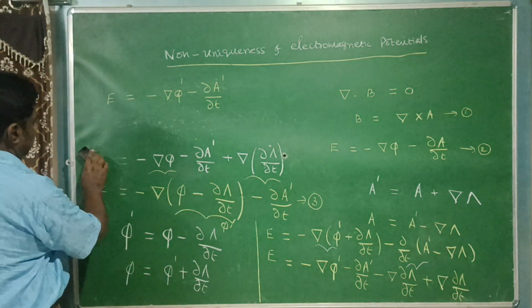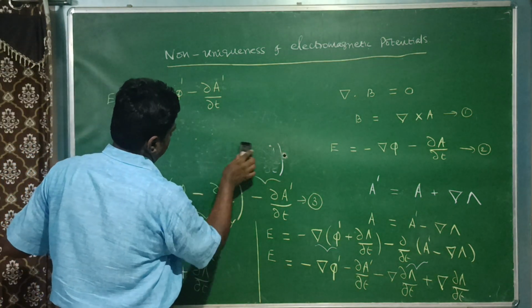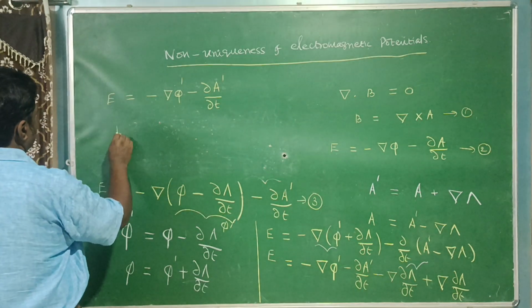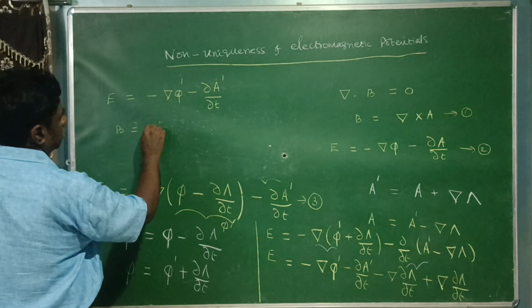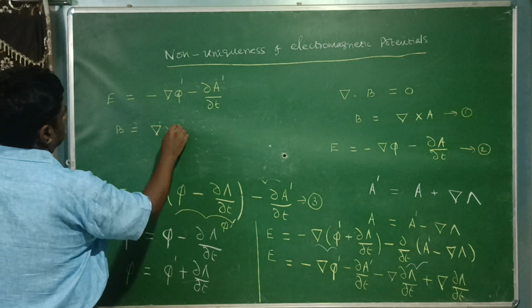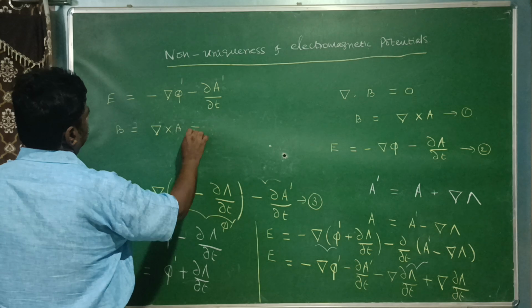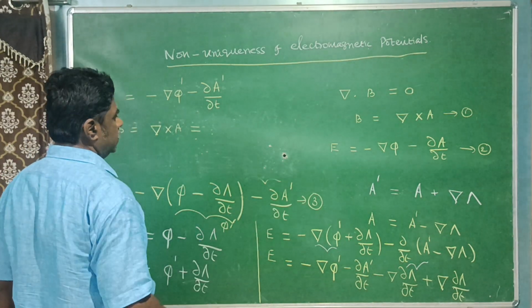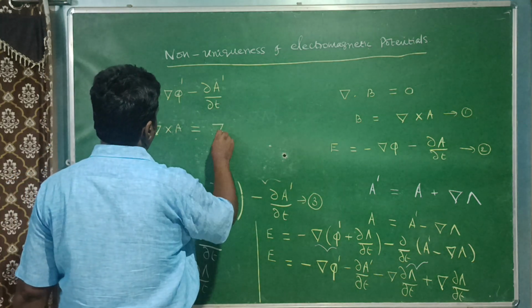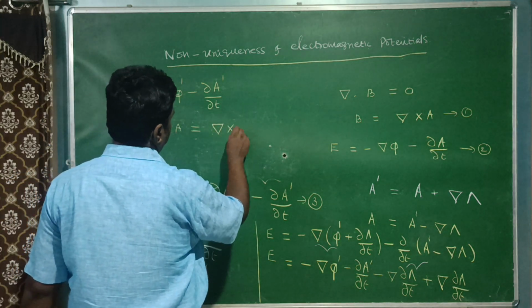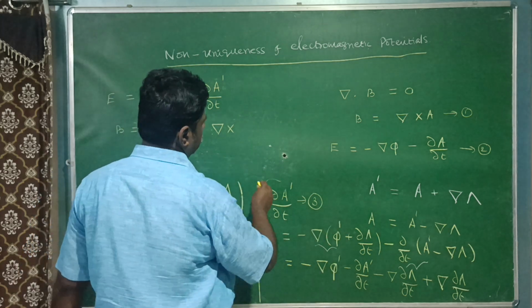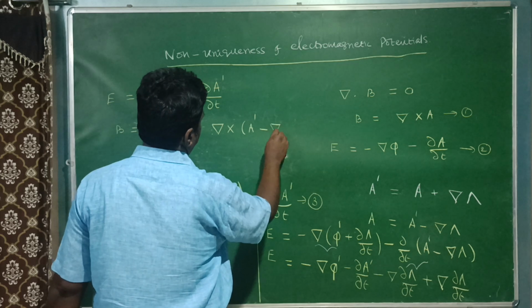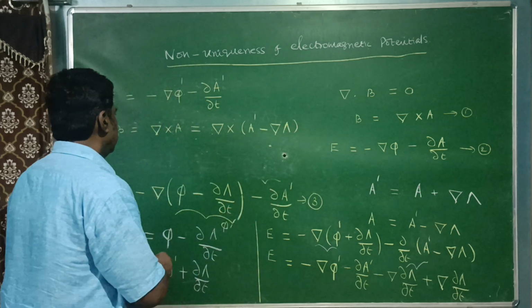In the same manner, we can take the condition B equal to curl A. Now replace A by A dash minus grad lambda, del cross. The value of A is A dash minus grad lambda. Now simplify this.